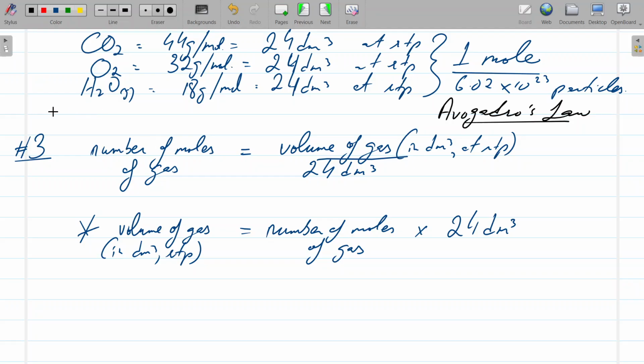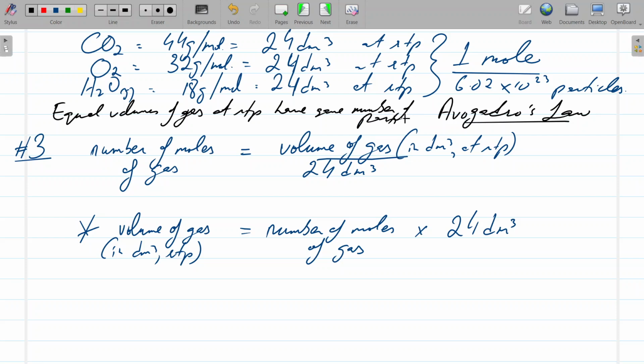Okay? Equal volumes of gas at RTP have the same number of particles. Sort of squeezing that in over here.